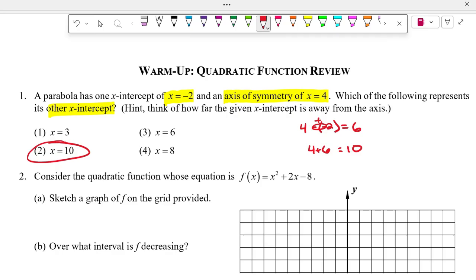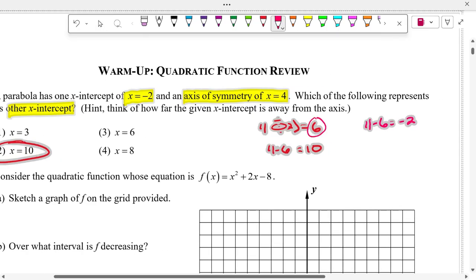Then it's 6 away, and so the point that yields that would be 6 away from 4. Yeah, so that's why it's x equals 10. Because -2 is 6 away from 4, but in the opposite direction. So if you do 4 minus 6, that's where you get -2.